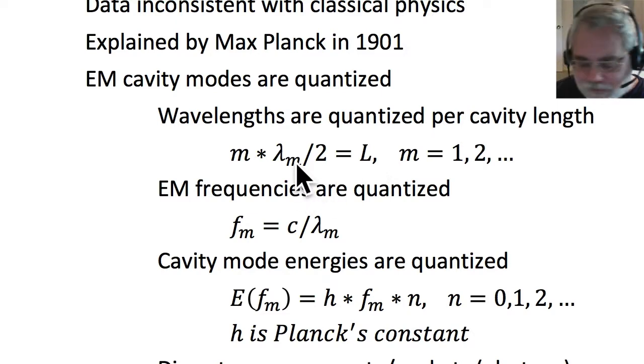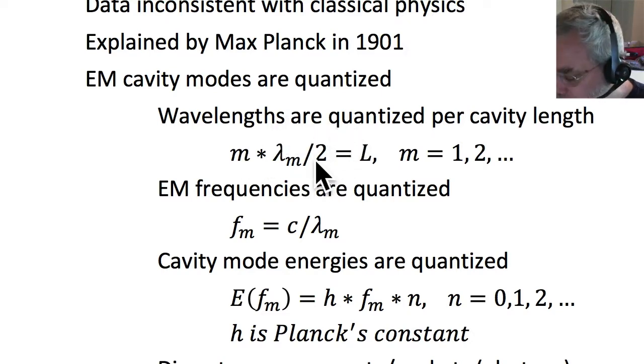Now, if the cavity is 10 centimeters or so, something on our scale of size, we're really going to see the quantization at microwave wavelengths, because microwave wavelengths are centimeters.